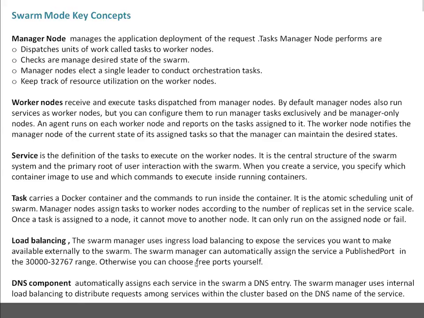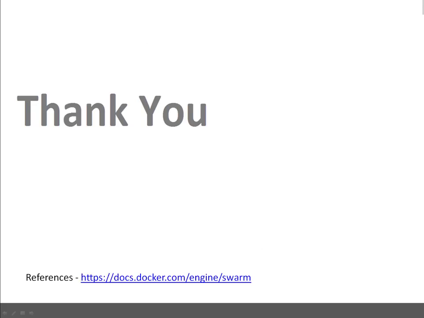Next is the DNS component. The DNS component automatically assigns each service in the Swarm a DNS entry. The Swarm manager uses internal load balancing to distribute requests among services within the cluster based on the DNS name of the service. So guys, these were the key concepts of Docker Swarm.